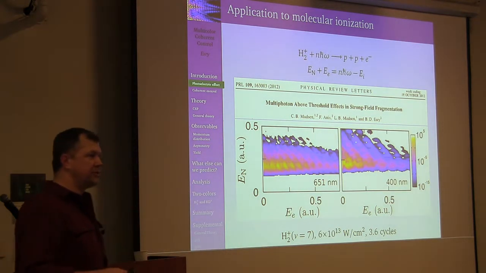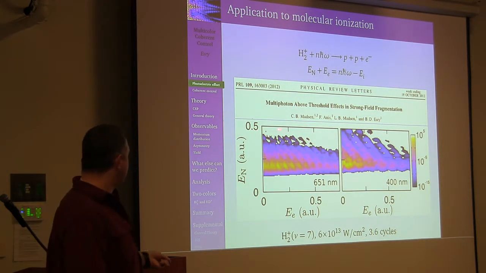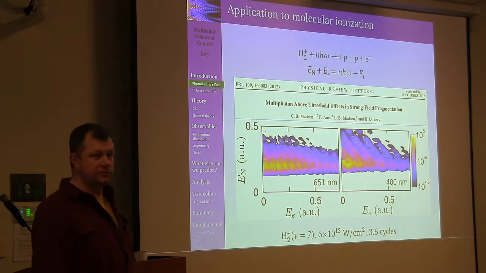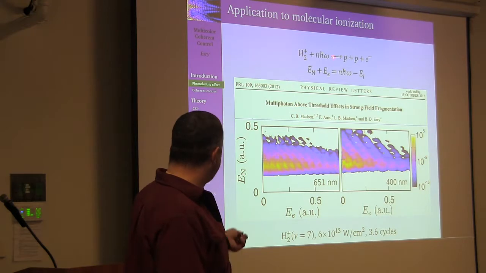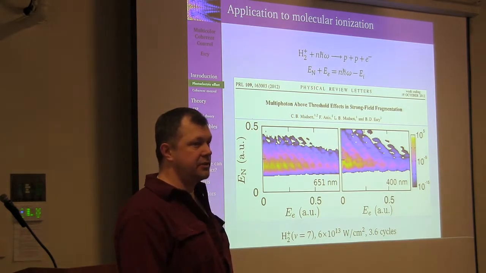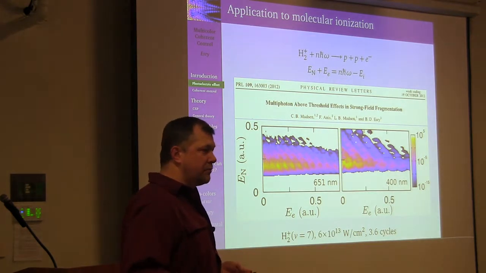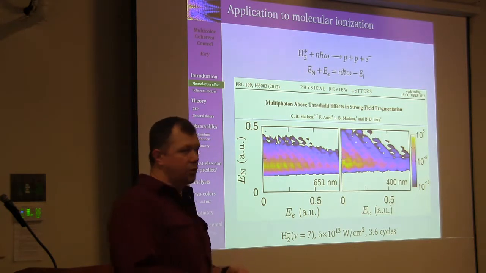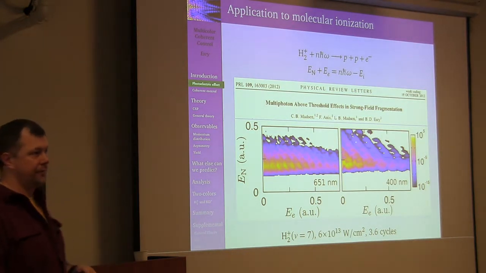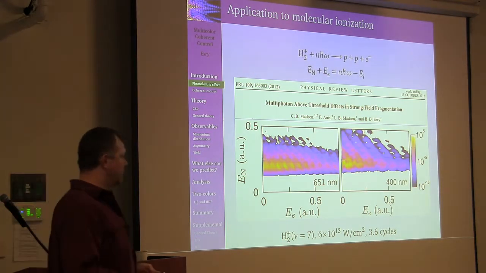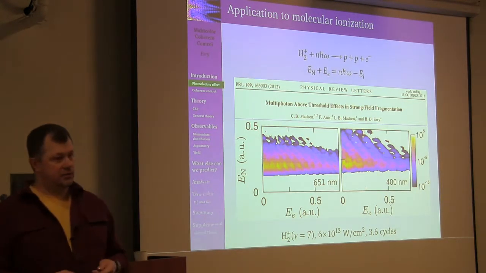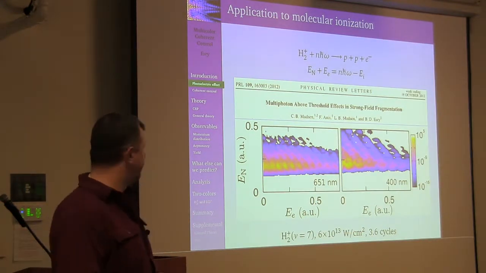So that same multi-photon effect we saw in ATI applies when you have more particles in the final state. And because it's just simple energy conservation, there's nothing particularly special to this system or any system in particular. This idea is going to work in essentially all cases, no matter how many particles you have in the final state.